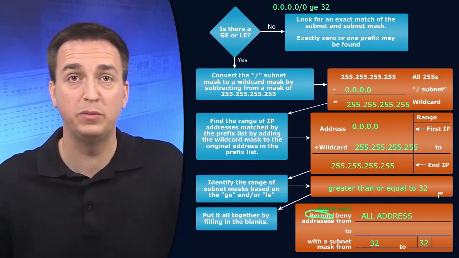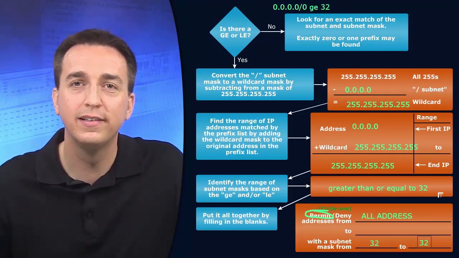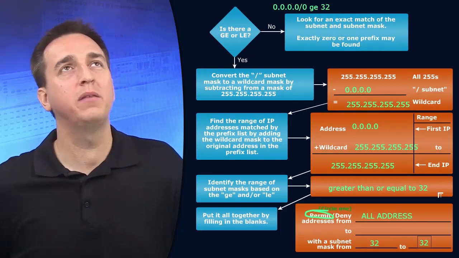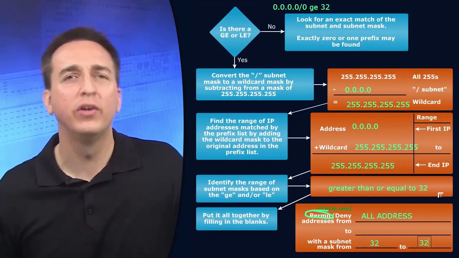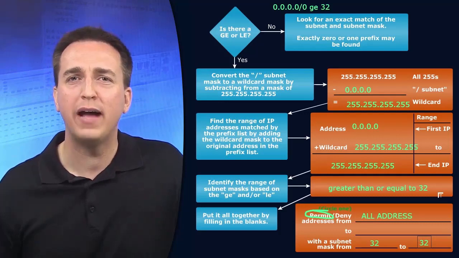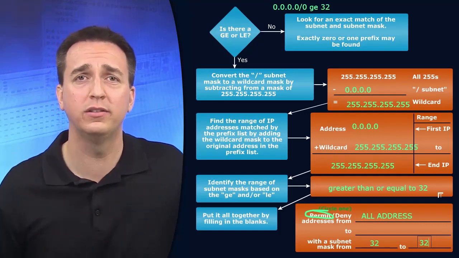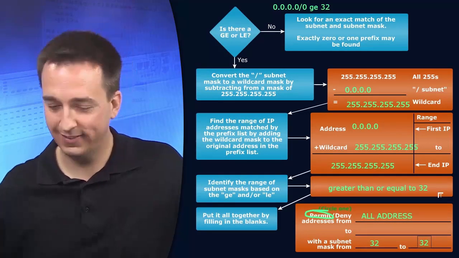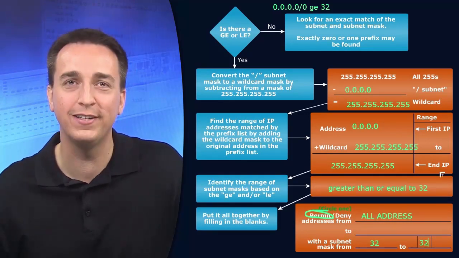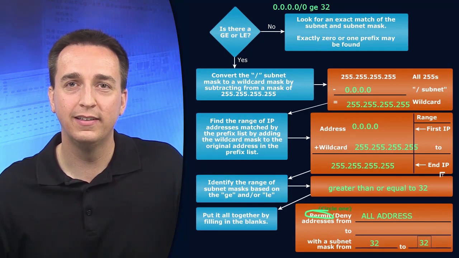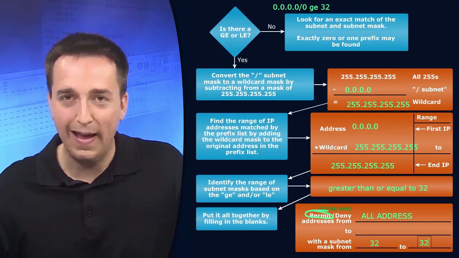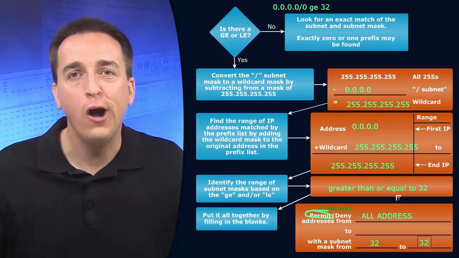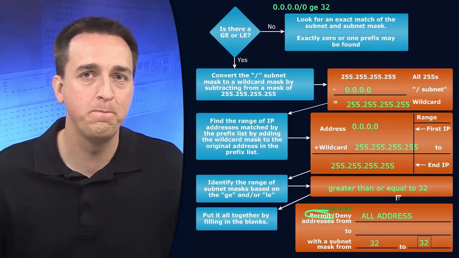That's what we're permitting in this particular case. All addresses with a subnet mask from 32 to 32. What type of addresses are those? Or what type of routes are those? Yeah, it's exactly what we are referring to here. Every single host route. So just host routes we're looking for here.